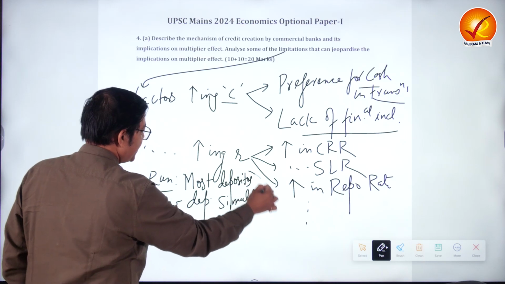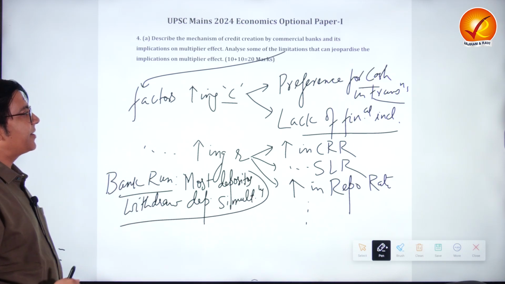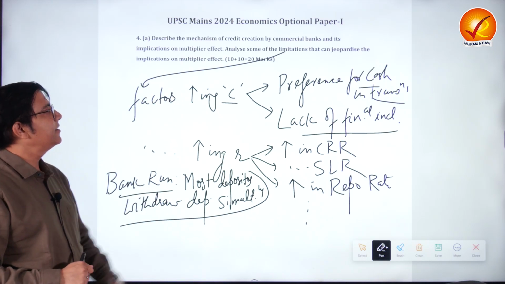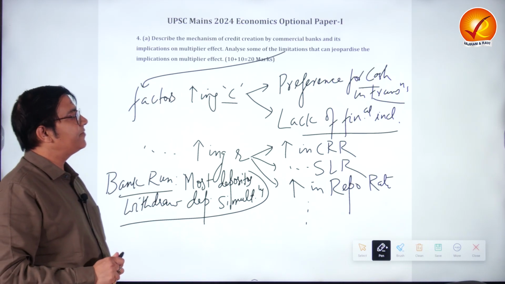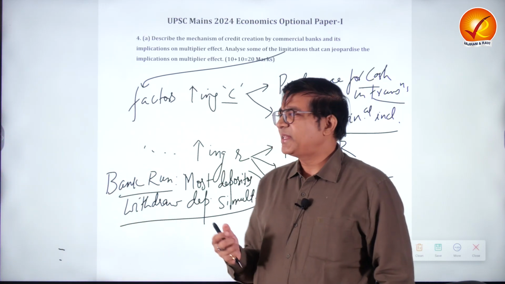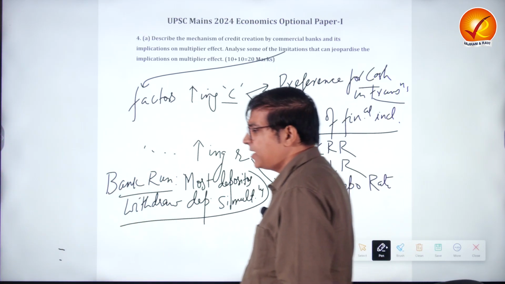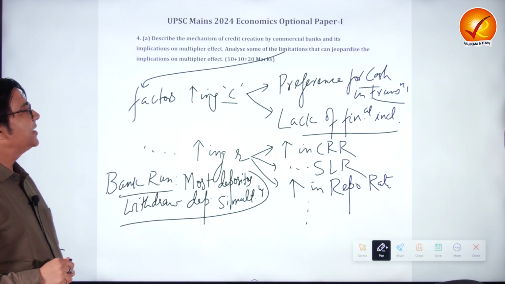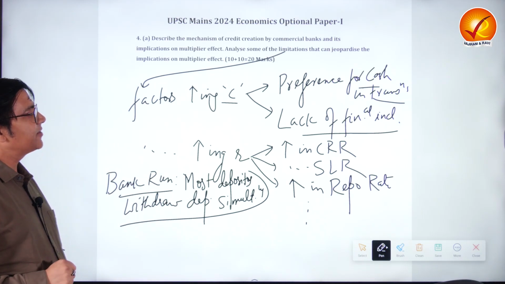When most depositors in the bank withdraw their deposits simultaneously, the bank can go into a bank run. Clearly, in that case, the multiplier effect will be jeopardized. You can bring in more factors, but I think if you elaborate properly and possibly also give more examples, that is more than enough for the 10 marks part.